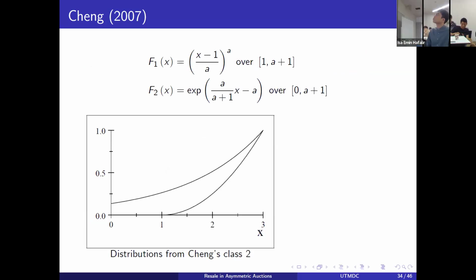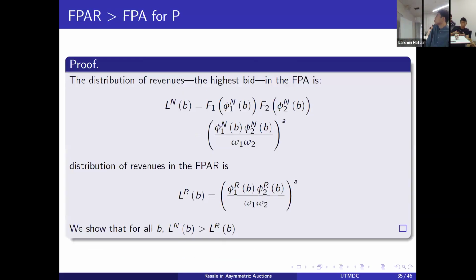For this case, the solution for the pair of linked differential equations is possible. So our first result is that for these 3 families of distributions, the first price auction with resale gives you a higher expected revenue than without resale.